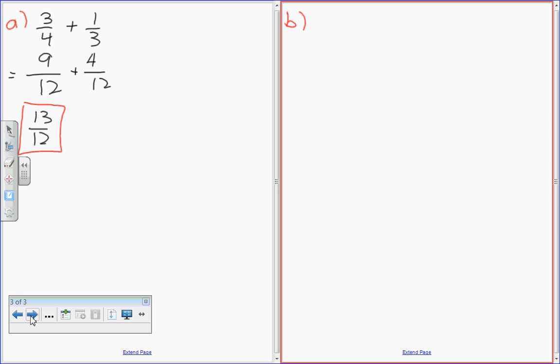3/8 minus 2/5. First step's going to be what? Yeah, so the denominator is going to be? Yeah, 8 times 5, so 40.